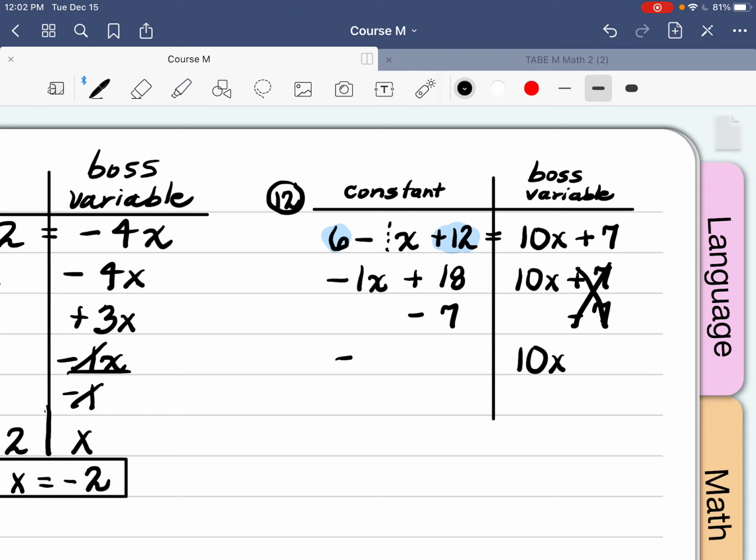So 10x, negative 1x plus 11. And then I'm going to move this 1x over there with the 10x. Cancel. Copy. Positive 11.